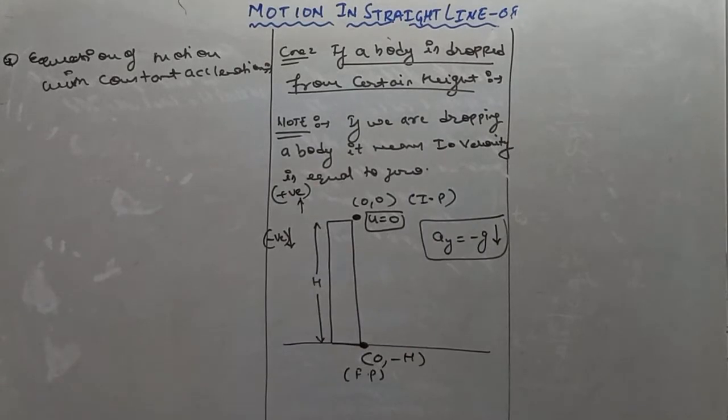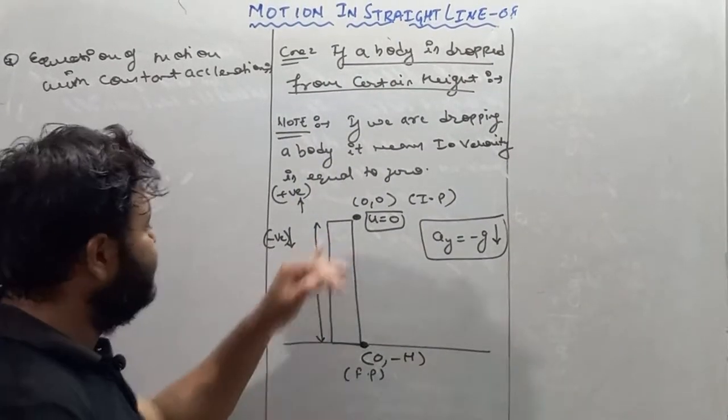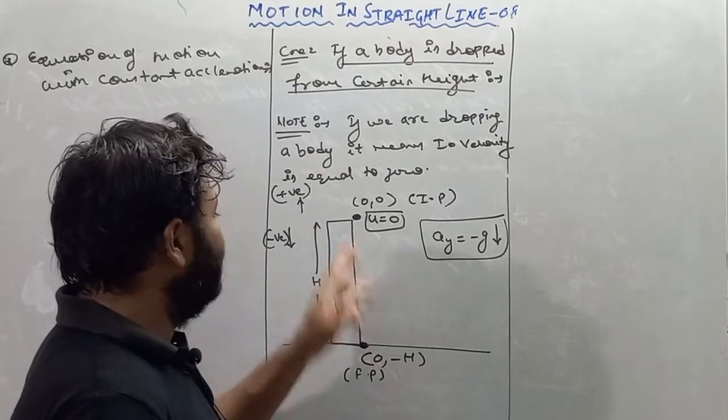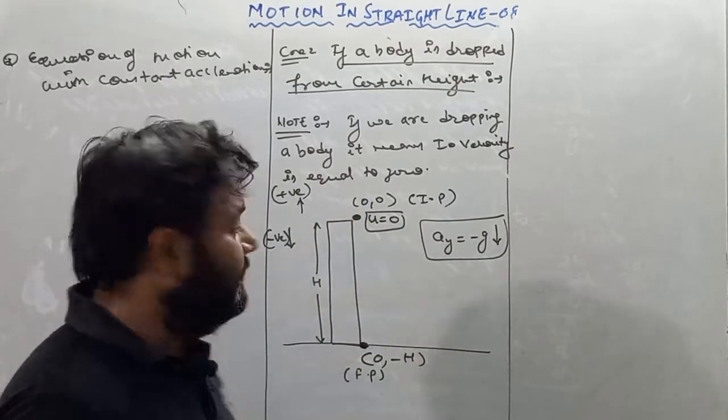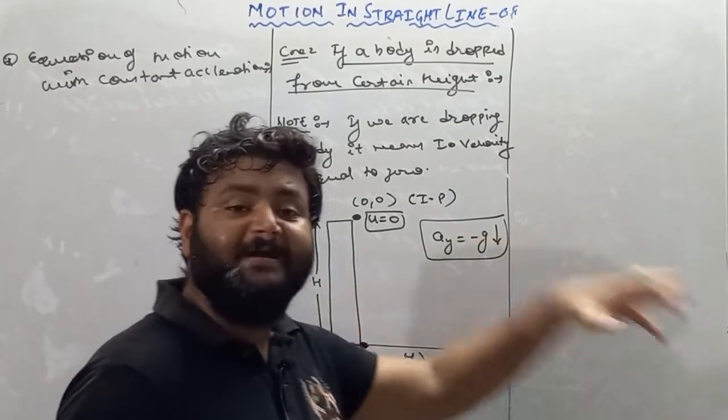That's why I'll write minus g. Instead of acceleration, we'll put the value minus g. This point is considered to be the origin, so this point carries value 0, 0. Initial velocity is considered to be 0, my dear student, because we are dropping a particle.